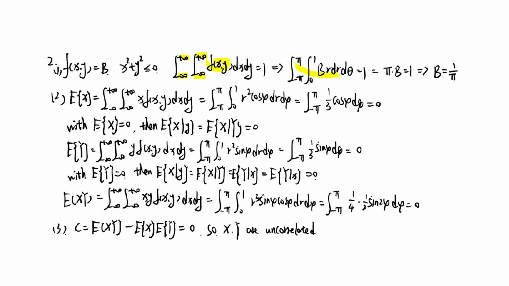It would be like this. And this one is equal to 1, which is equal to the integral of f(x,y) from negative infinity to positive infinity over x and y in rectangular coordinates. So finally the value of b is 1 divided by pi.